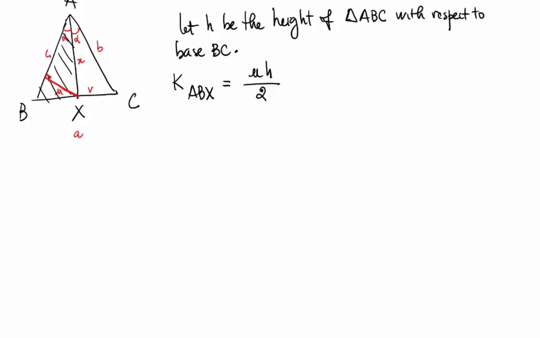Now our new base is c. So what we'll have here is c times our new height, which is going to be the hypotenuse, x times sine of alpha over 2.